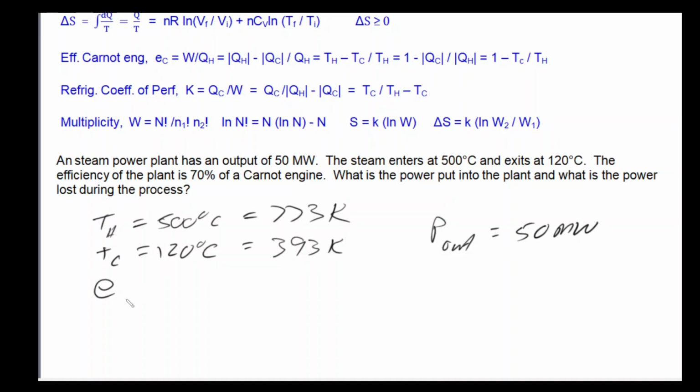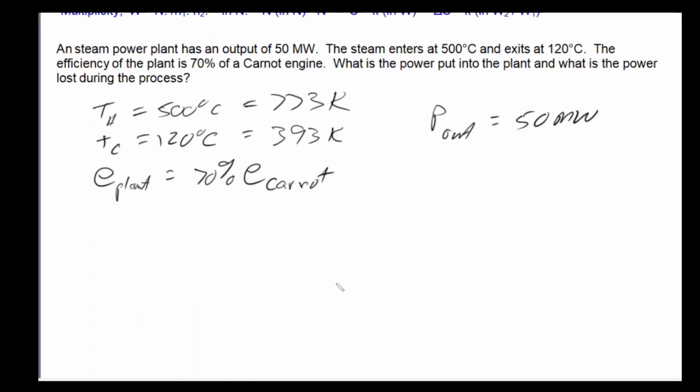And we're told that the efficiency of the plant is equal to 70% the efficiency of a Carnot engine. So let's start by getting the efficiency of the plant. So the efficiency of the plant is equal to 0.7 times the efficiency of the Carnot engine, which is 1 minus Tc over Th.